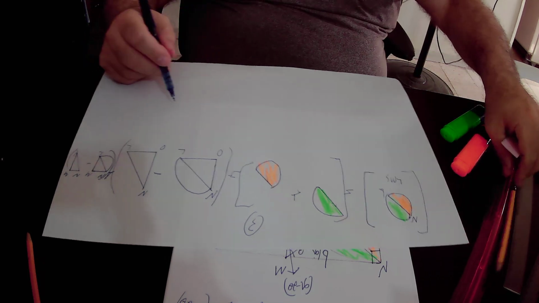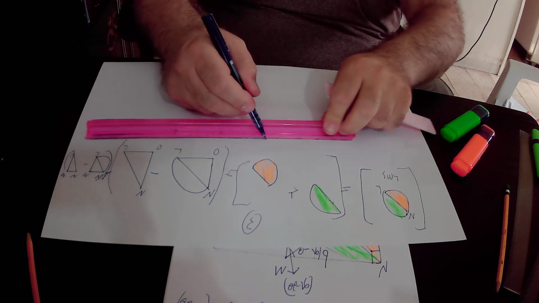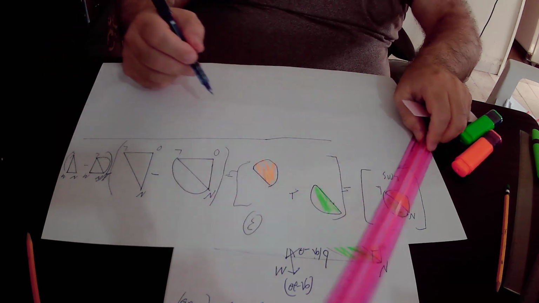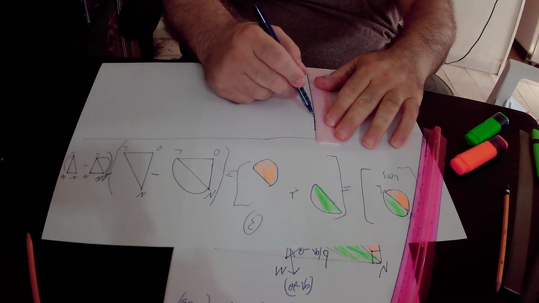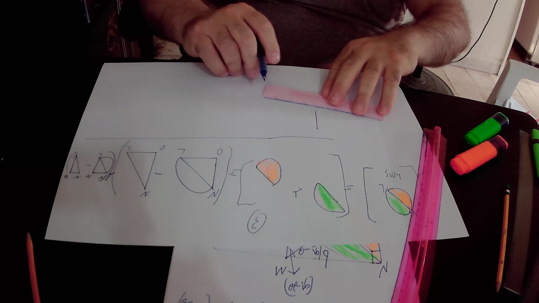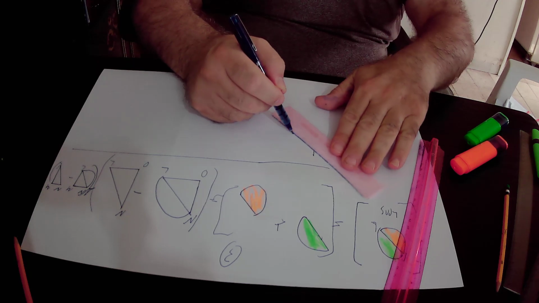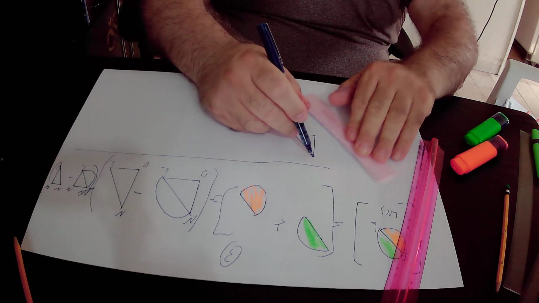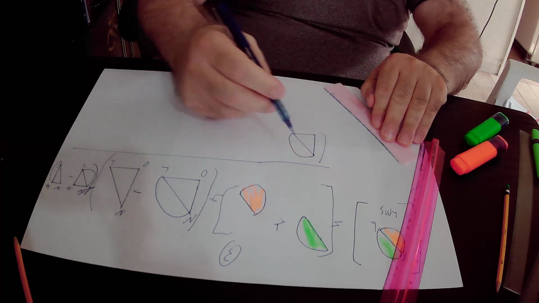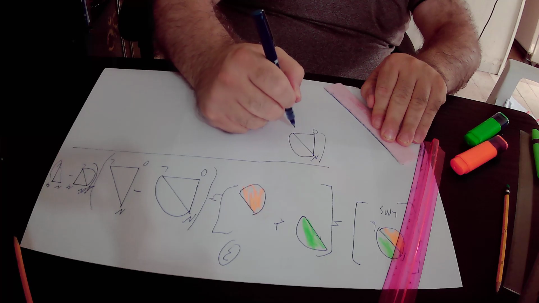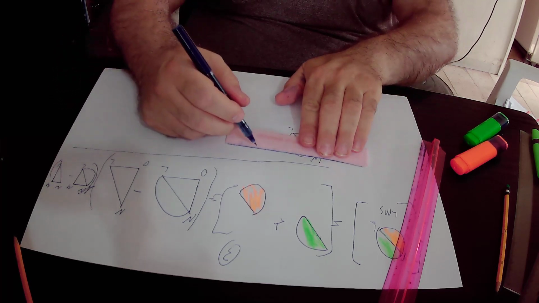So it is equal to the sum of the areas of the two sectors, that is actually sector NOL, this is sector NOL, plus sector NML.